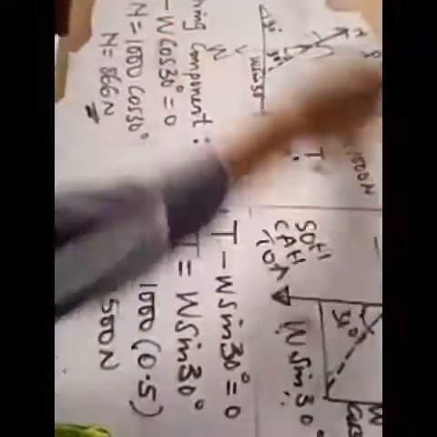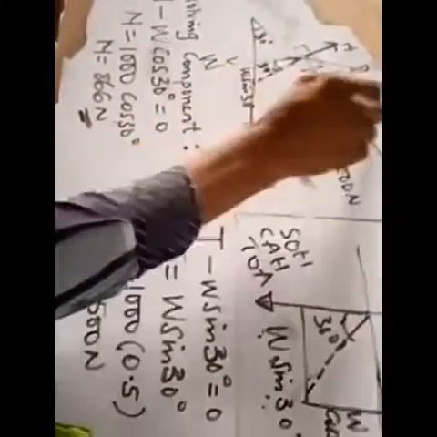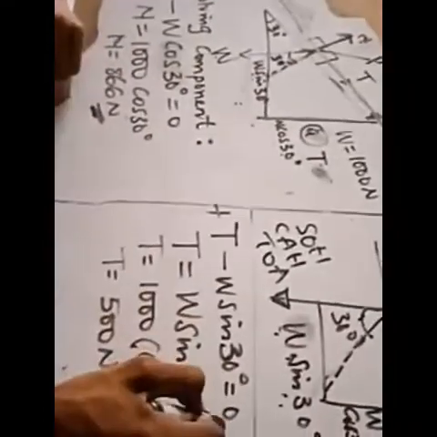Back to the question, when I resolve the components horizontally, I will have my T at the positive side, minus W sine 30, which is acting to this side. That will be T minus W sine 30 equals 0. My sine 30 is 0.5, my W is 1,000.